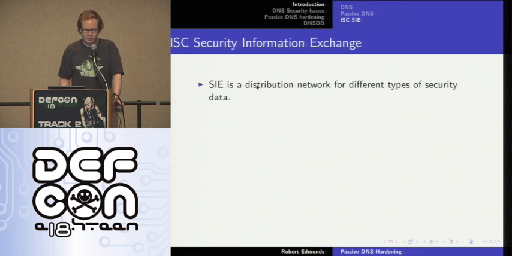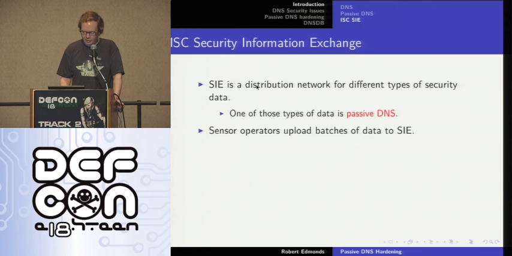This brings us to ISC SIE, which we'll describe briefly, and only the features that are relevant to passive DNS. So SIE is a distribution network for replicating security data from multiple sources to private secure LANs, where the data is broadcast to trusted consumers, including ISC itself, of course. One of those types of data is passive DNS.